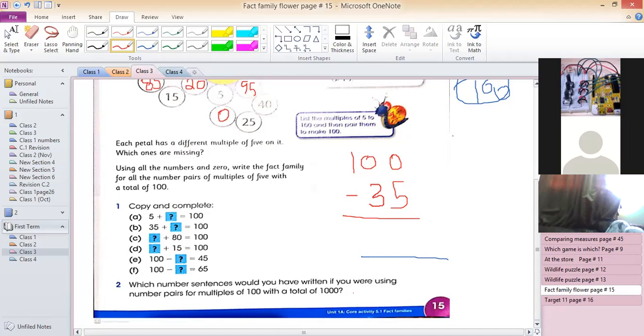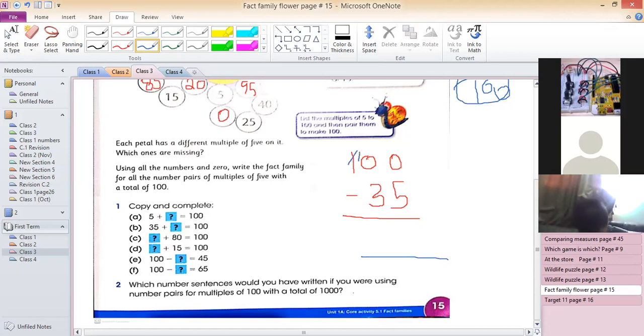Can you subtract 5 from 0? Is it possible to subtract 5 from 0? Yes, you ask the next digit for 10.